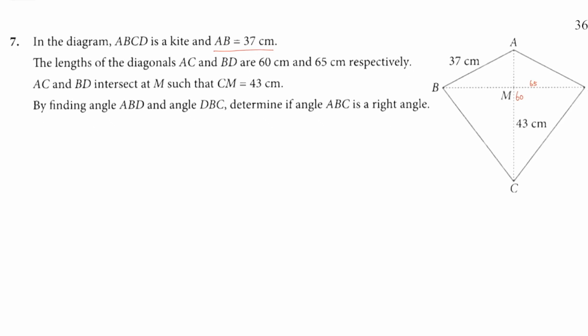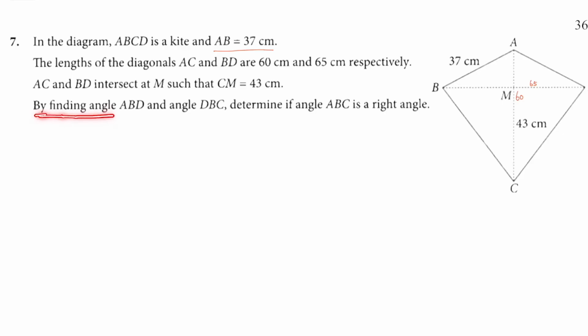Then next, AC and BD intersect at M such that CM is 43 cm. So that means here is 43 and here will be 60 minus 43. We can find that later. Let's just keep that in mind.